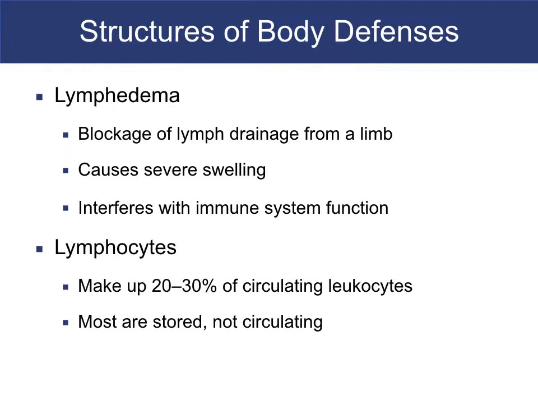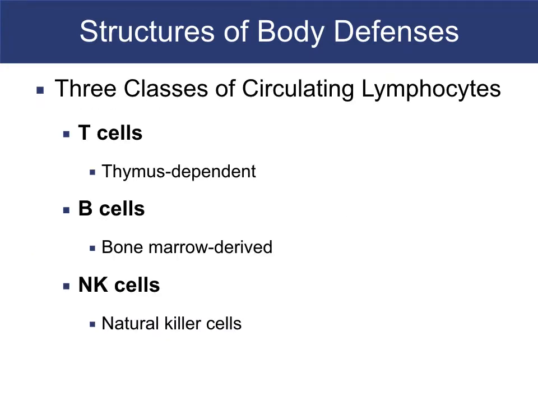A good point here, though, is that most of them are stored. They're not circulating around in your bloodstream. Most of them are stored in lymph nodes, the spleen, the liver, the bone marrow, the tonsils, and so forth.